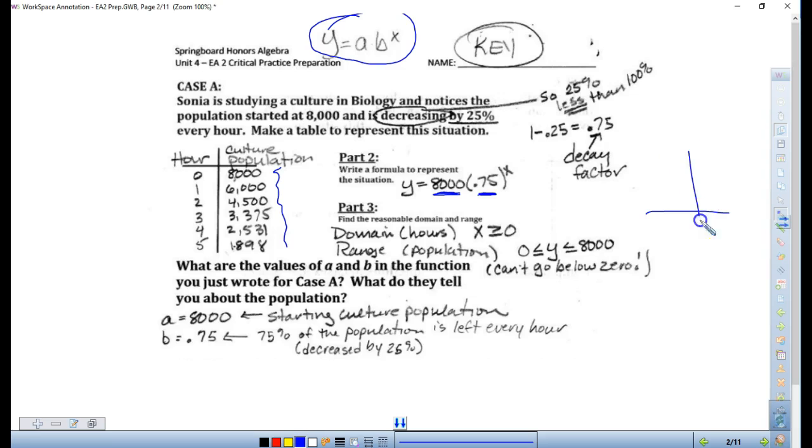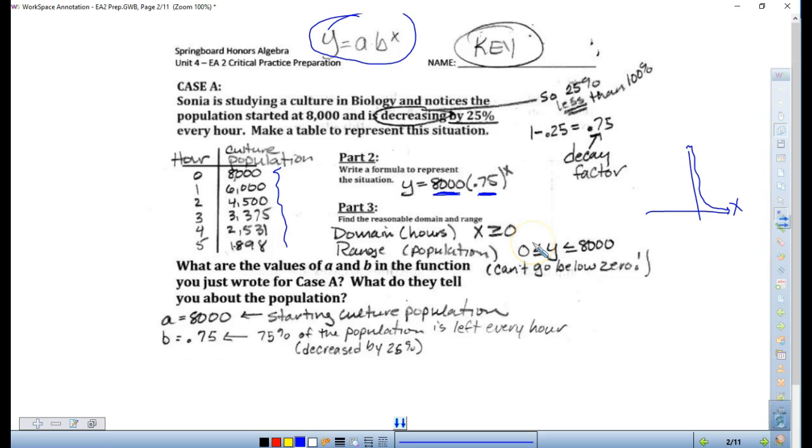So if we had the x-axis here and it starts at 8,000, it's going to go closer and closer and closer, and it's never going to actually reach 0, but it's going to get so tiny that it will be less than 1, and I'm saying that you can't have part of a bacteria, like a piece of one. You either have one or you don't have one. So I said that we'll eventually get down to 0 bacteria.